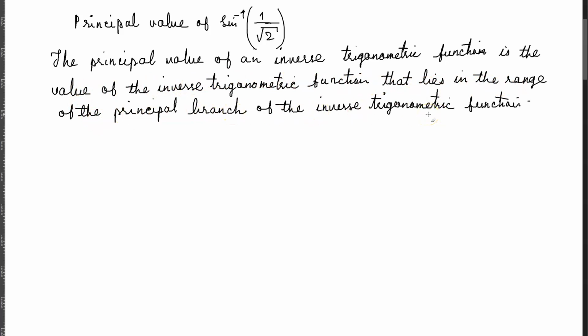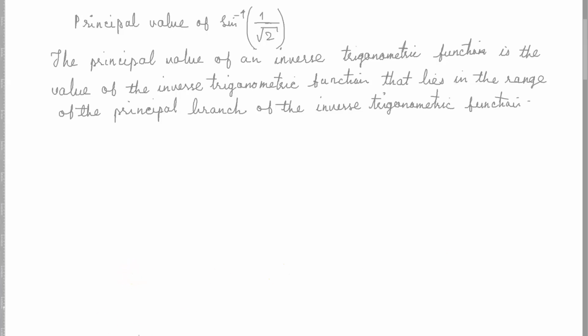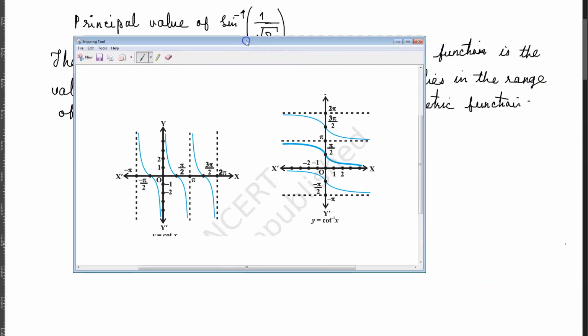And we argued that, for example, if you think about the Cot Inverse Function, this is the Cot function, and this is the Cot Inverse Function. When you create the inverse of the function, you'll get some function like this, in which all of these branches will be reproduced in the inverse function.